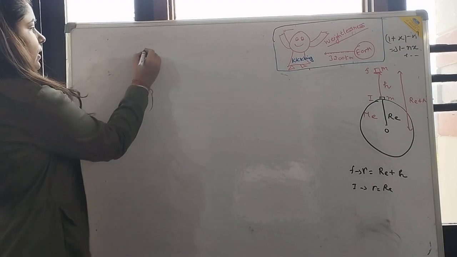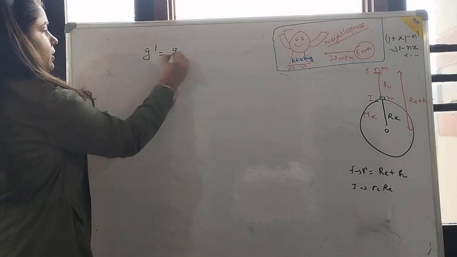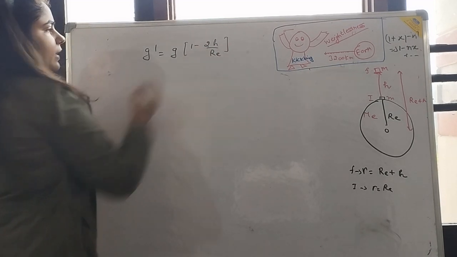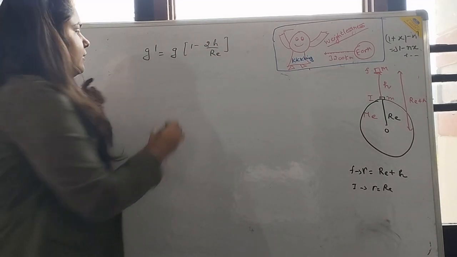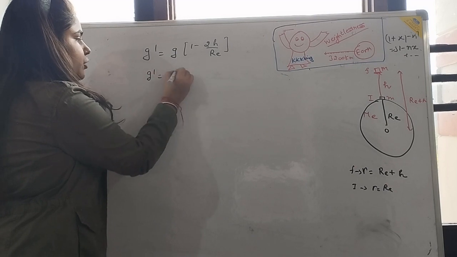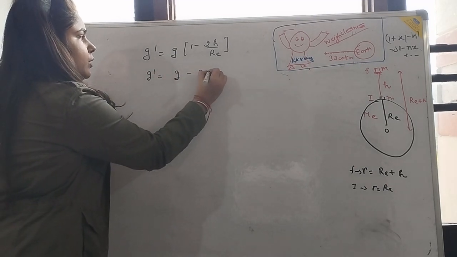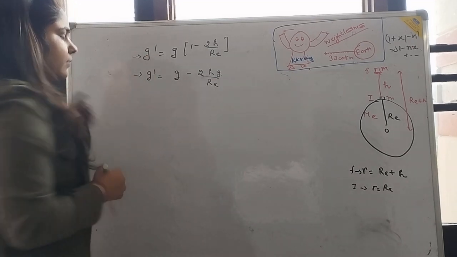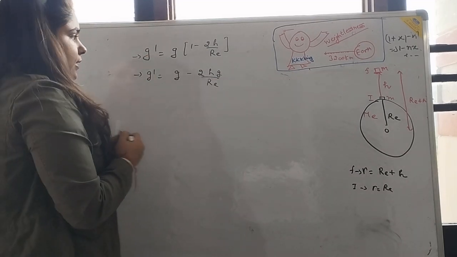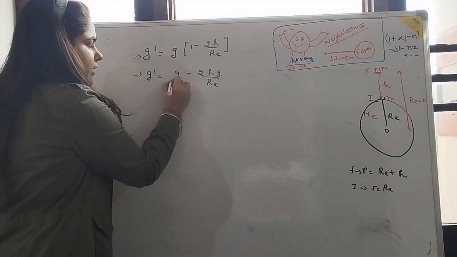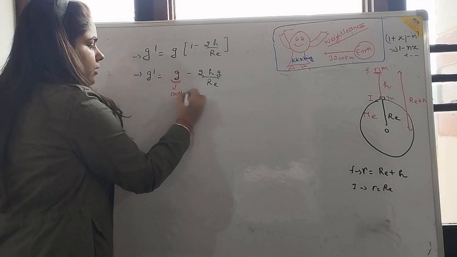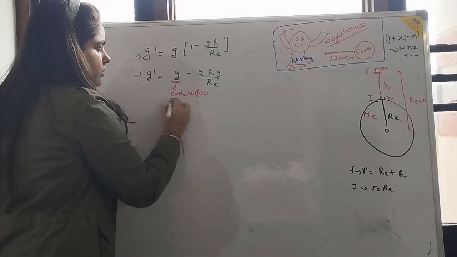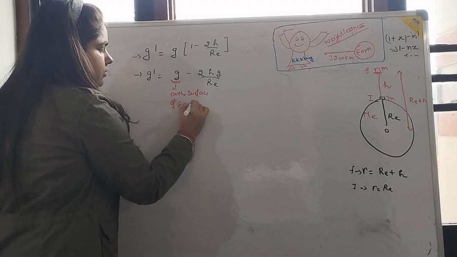Now I get this formula: g prime is equal to g (1 minus 2h upon R). So g prime is equal to g minus 2hg upon R. Here g is the acceleration due to gravity on the surface of the earth.